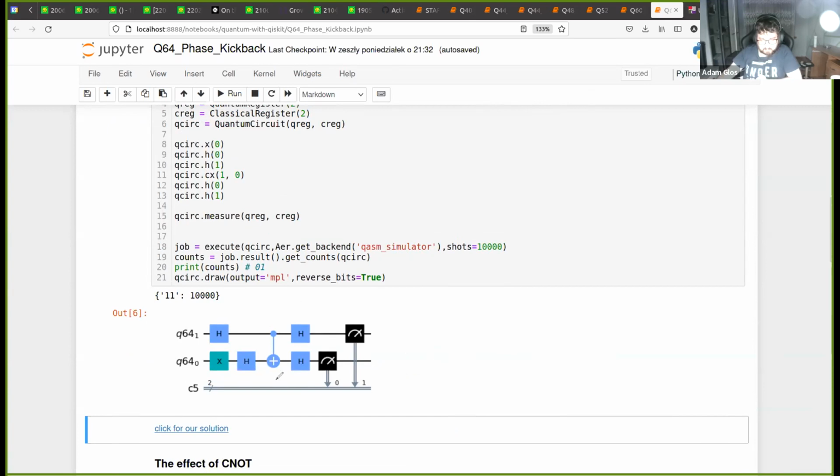And this is target. Naturally speaking, you could say that control is the qubit based on which the target is changed.